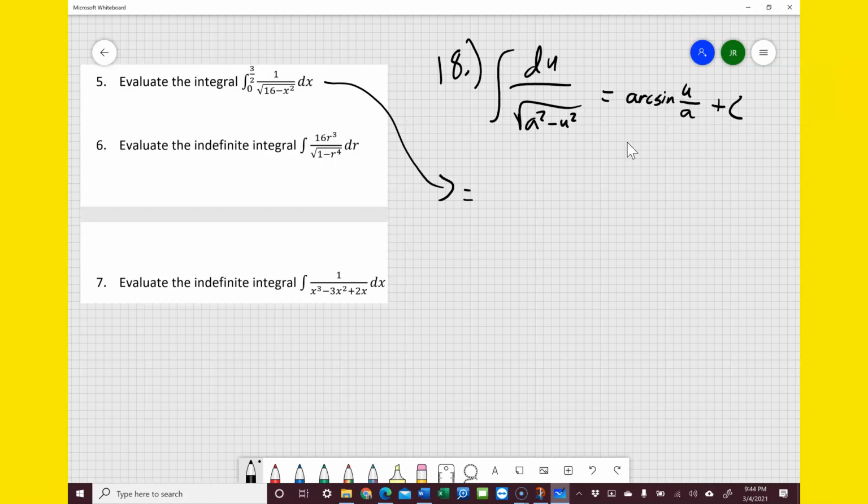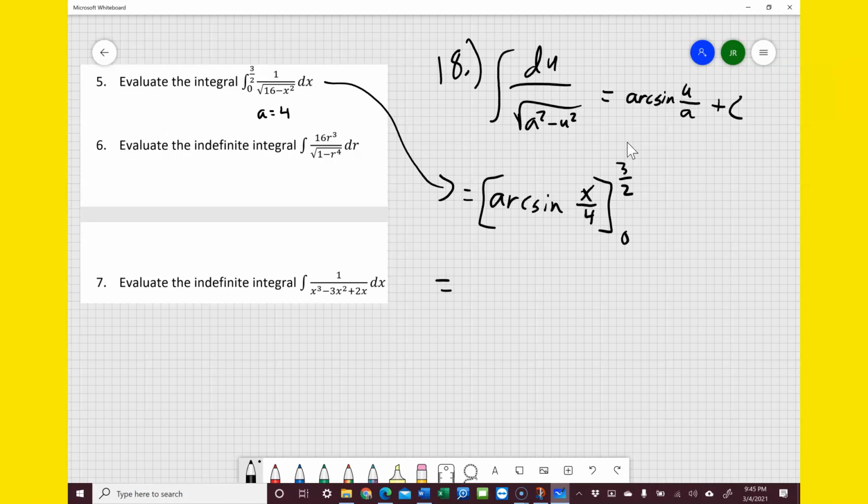Here a would be 4. So it's the arc sine of x over 4. And since it's a definite integral, I have no plus c. So that's from 0 to 3 halves.